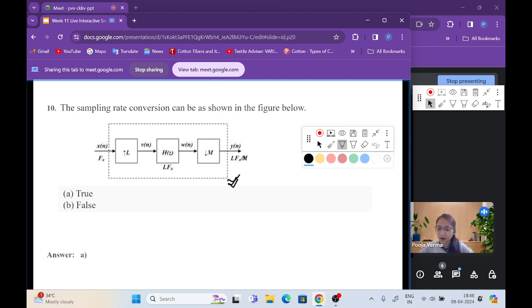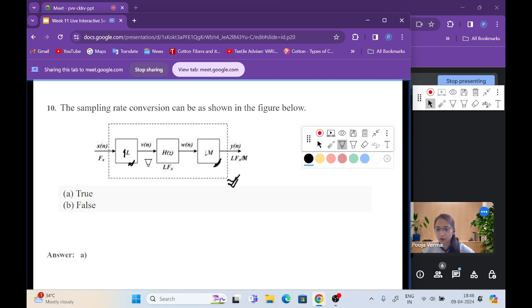So in the diagram we can see this is an interpolator, that means here we are upsampling the signal, and it is a decimator, that is downsampling the signal. Okay, so this is called sampling rate conversion system.